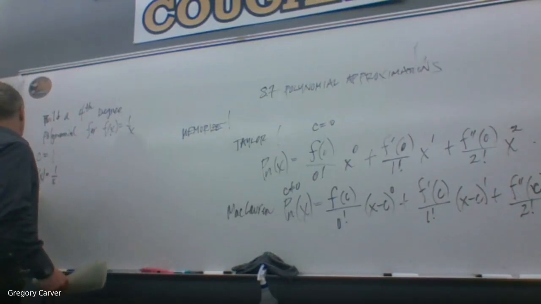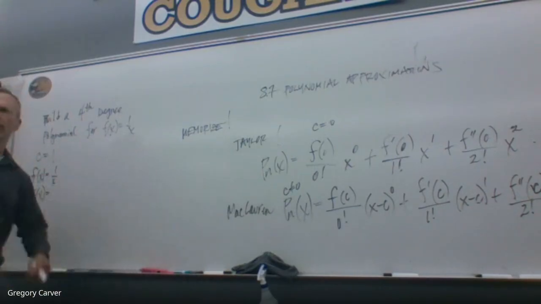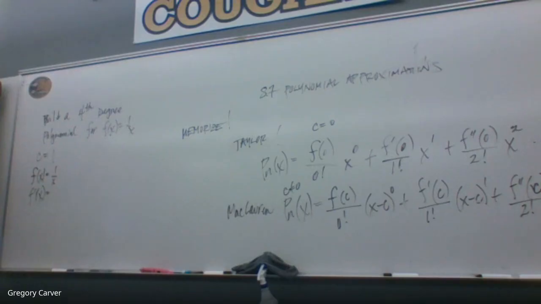f prime of x then is equal to, when you derive that, what do you get? What's the derivative of 1 over x? Yep, good. Negative 1 over x squared. So f prime of 1 is equal to negative 1. f double prime of x, what is that?